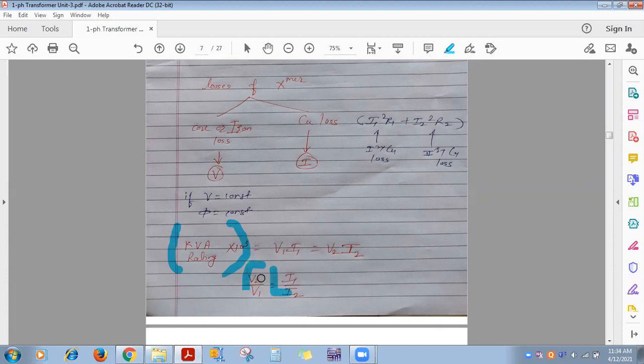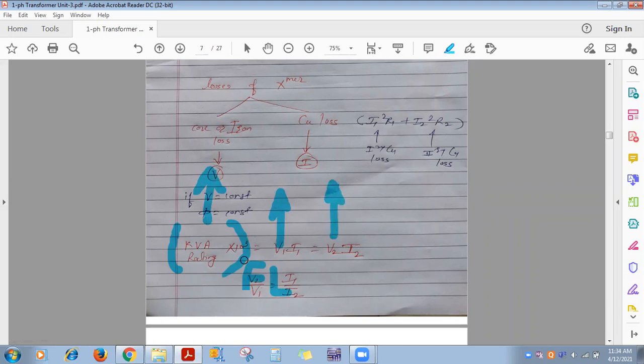So here I1 and I2 values also will be at full load. V1 and V2 will be from the nameplate. And on the nameplate, whatever KVA rating is given, it is the full load KVA rating. V1, V2 are also whatever is given on the nameplate.